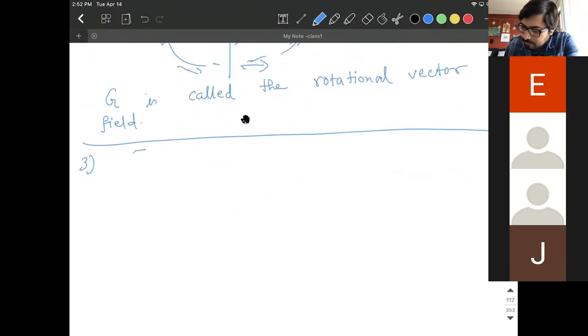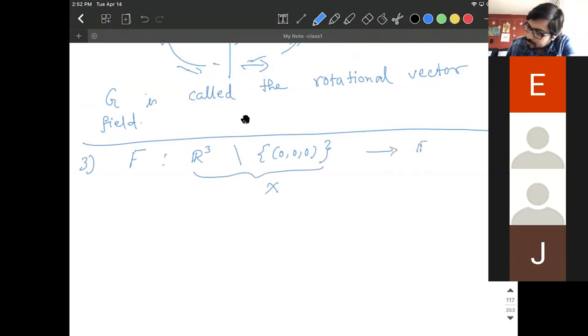So define F from, now we take the space R3 and delete the origin. Okay, so this is my X, you could say, to R3 by the following function.